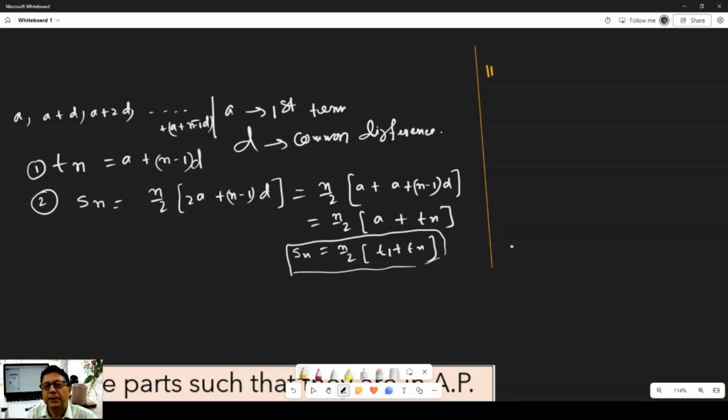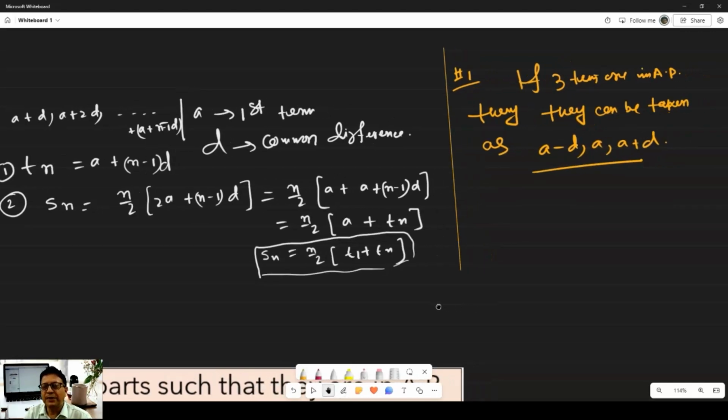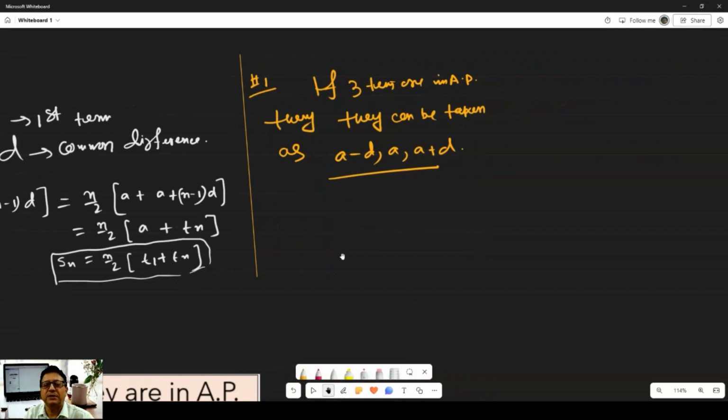Case 1, if 3 terms are in AP, then they can be taken as a minus d, a, a plus d. Am I correct? Why? Why am I taking this first?